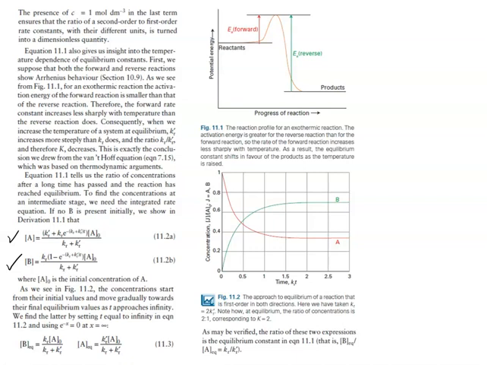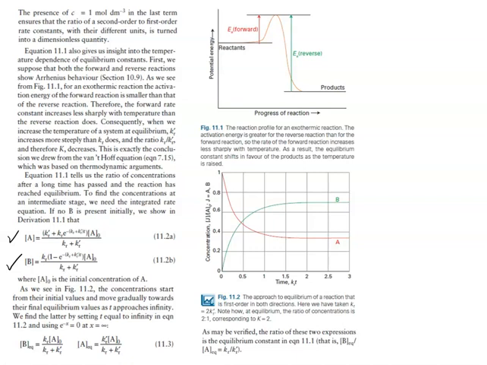As we can see in figure 11.2, which we'll jump to in just a second, the concentrations start from their initial values and move gradually towards their final equilibrium values as time approaches infinity.